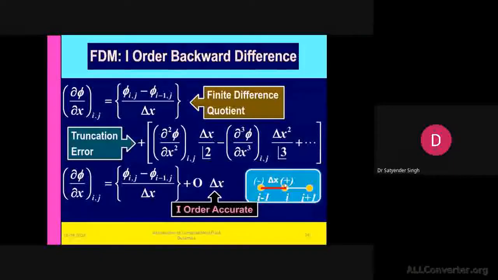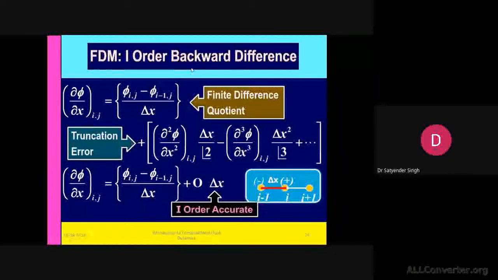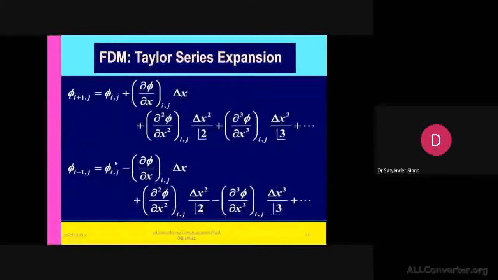So for the backward, we also have the first order backward difference method. That can be generated from the second form of the Taylor equation, which we call the backward step.